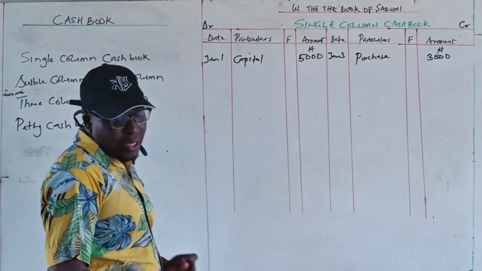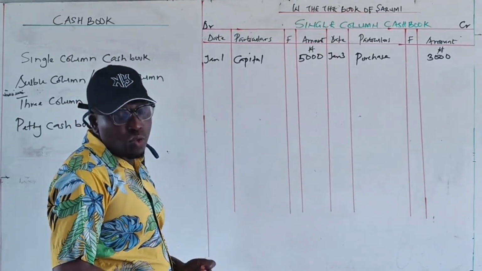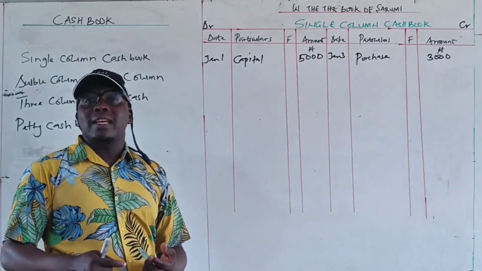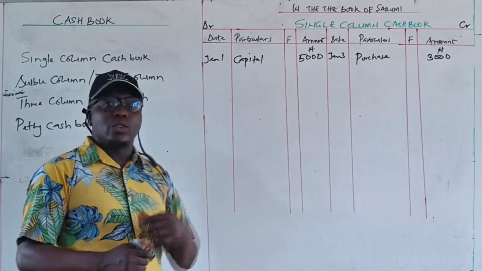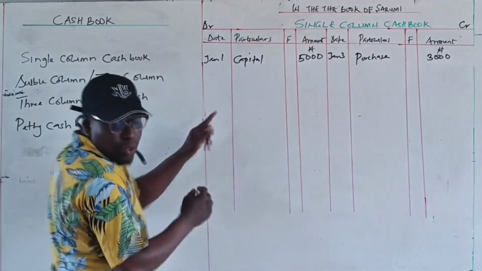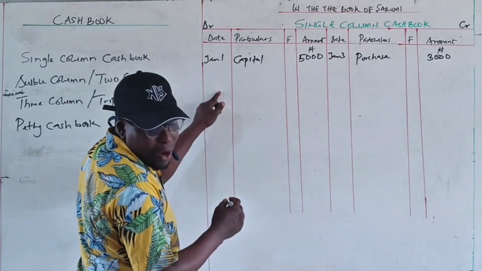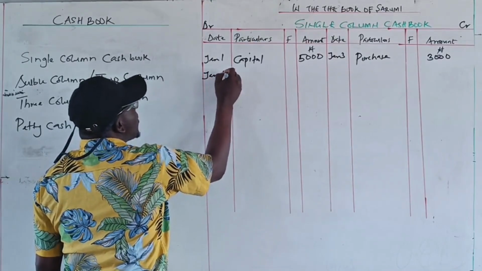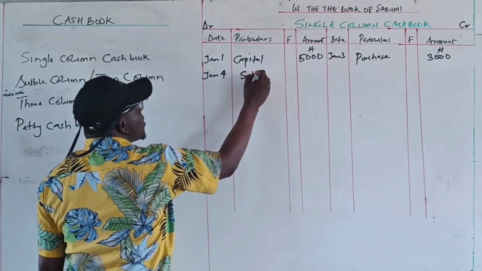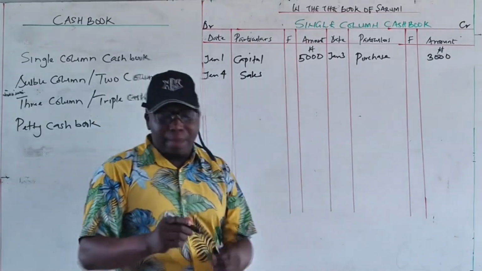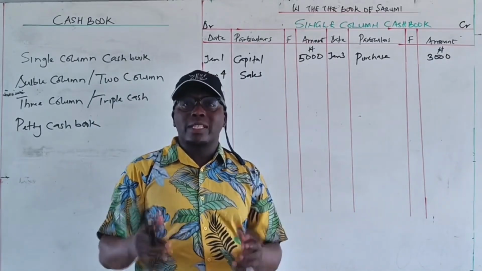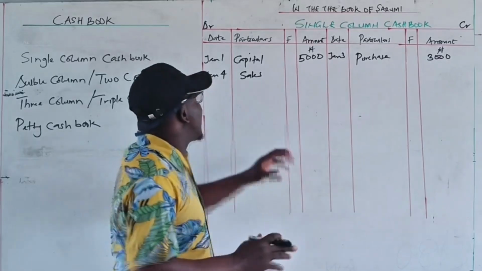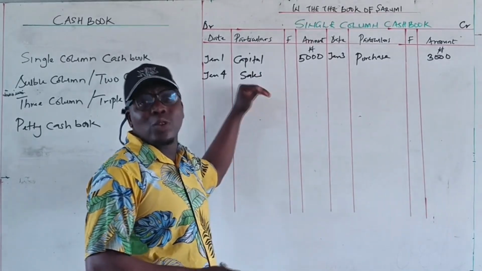The next transaction is January 4, sold goods for cash. When goods are being sold for cash, it means there's going to be an inflow into the business. So we come to our debit side, which is our receipt side, and record January 4. We write sales. Most of the mistakes that are made by our students is that when they are posting, they write all the details in the question in the particular column, which is totally wrong.